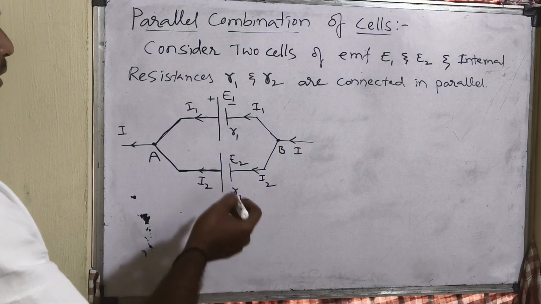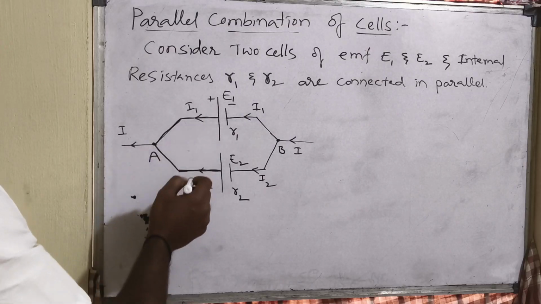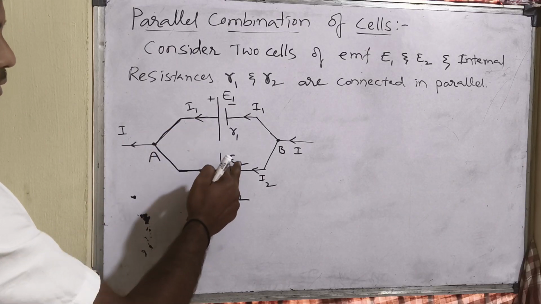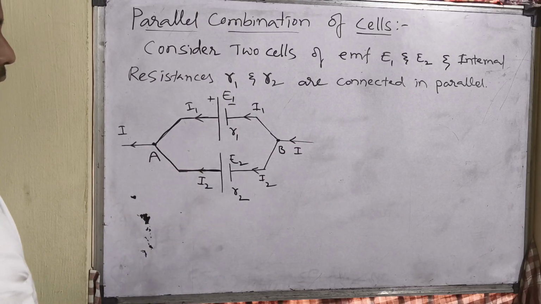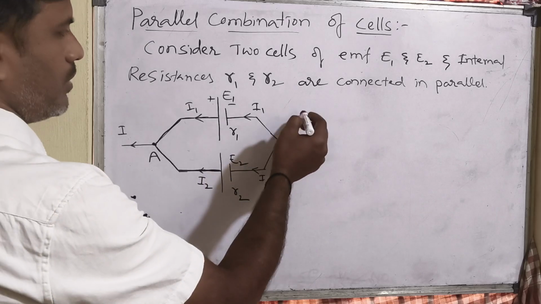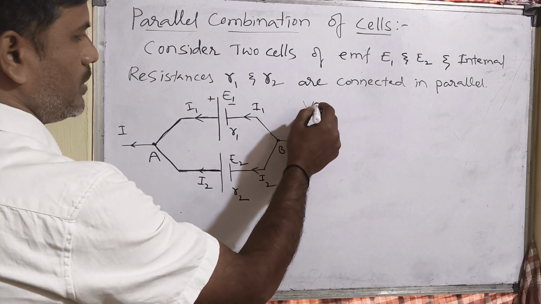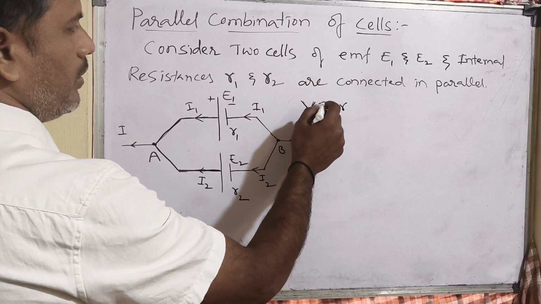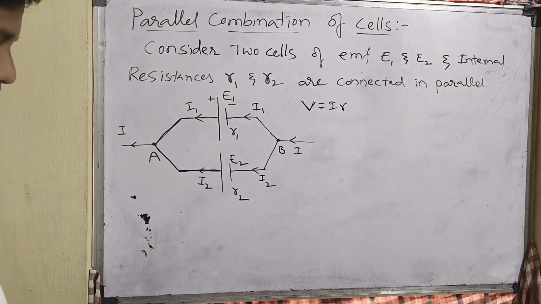Now observe that the currents I1 and I2 are different, and E1 and E2 are different. The internal resistances are also different. So which one is constant here? According to Ohm's law, V is equal to IR.